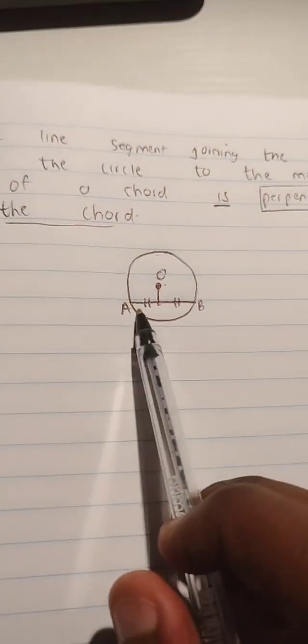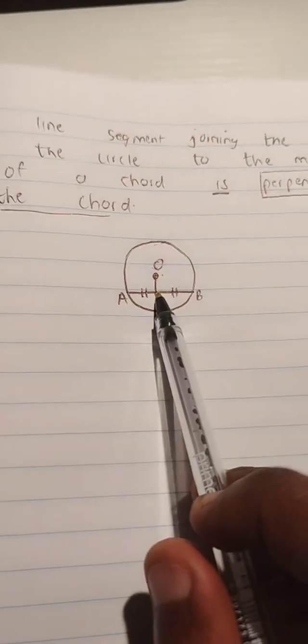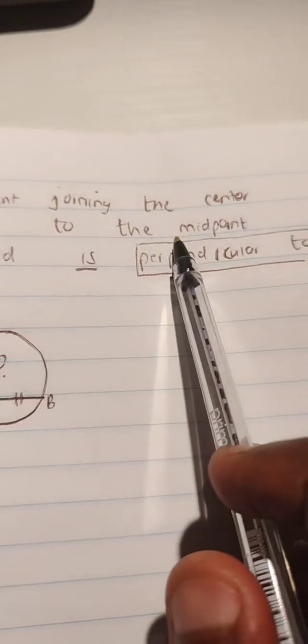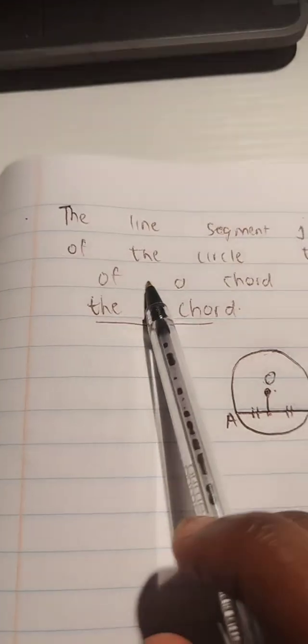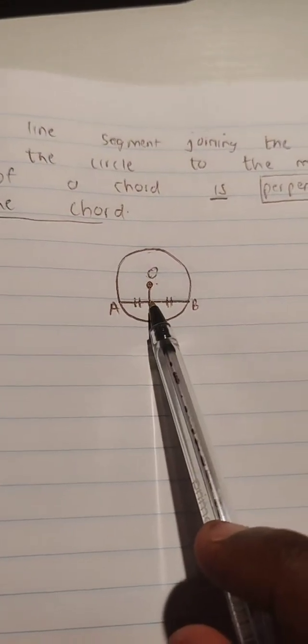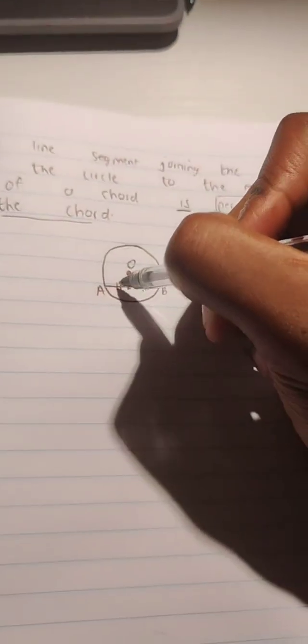So this is the chord, midway in the middle of that chord. The line segment joining the center of the circle to the midpoint of a chord. So this is like the chord and this is like midway. Hence you have this and that being equal.